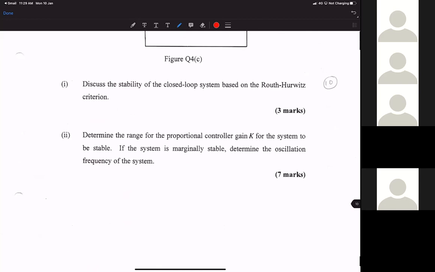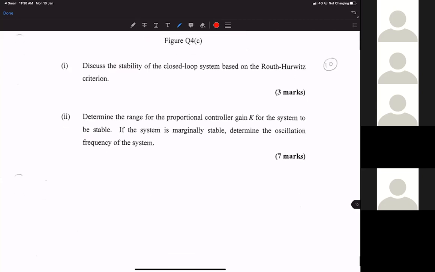First, discuss the stability of the closed loop system based on the Routh-Hurwitz criteria. Then, using the Routh-Hurwitz criteria, determine the range for the proportional controller gain K for the system to be stable.